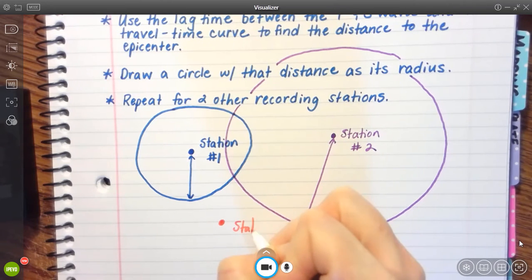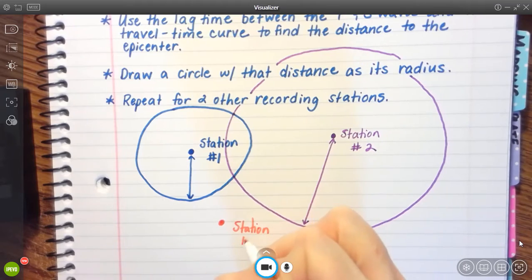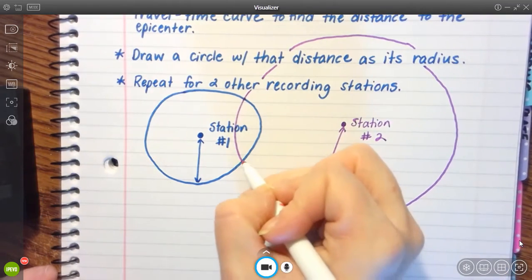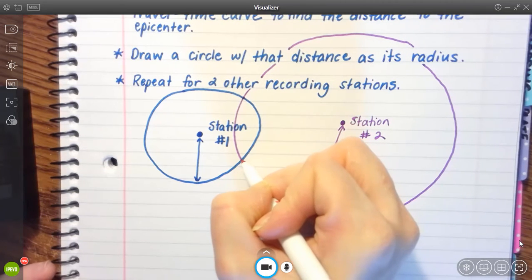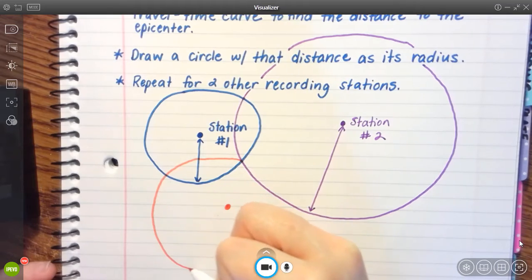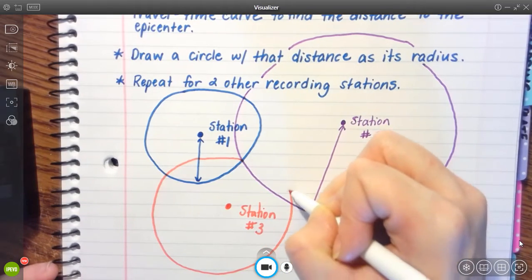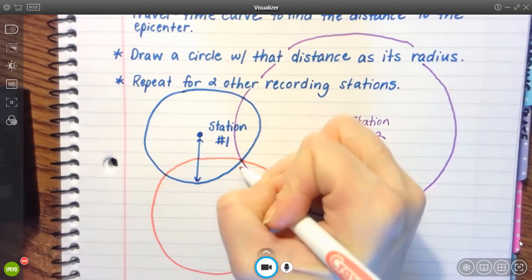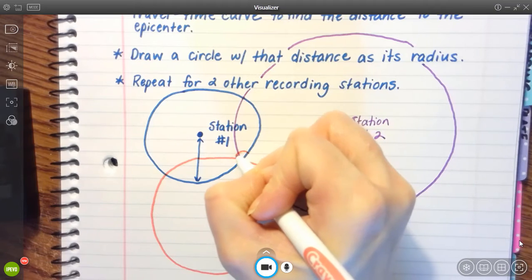And I'm sure, by the way I'm drawing this picture, you guys can predict where the epicenter is going to be. So I'm going to cheat a little bit on this one because I'm just making a sketch here. Oh dear, my circles are just getting worse. Oh well. Hopefully yours look better than mine. But this would be the epicenter location right here.